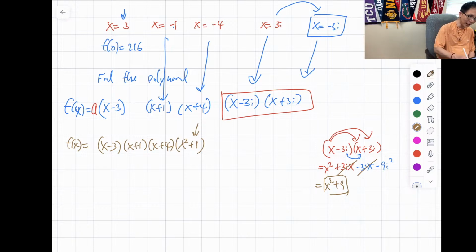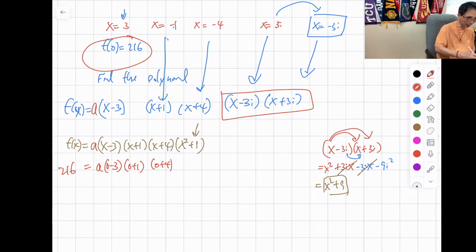Now we want to find out a. Is it possible to find out a? Because we have this, right? So it'll be 216 equal to a times negative 3, because 0 minus 3, 0 plus 1, 0 plus 4, and then 1, 0 plus 1. Is that okay? That's 9, sorry.